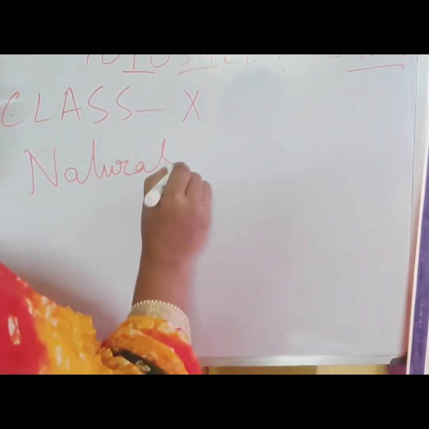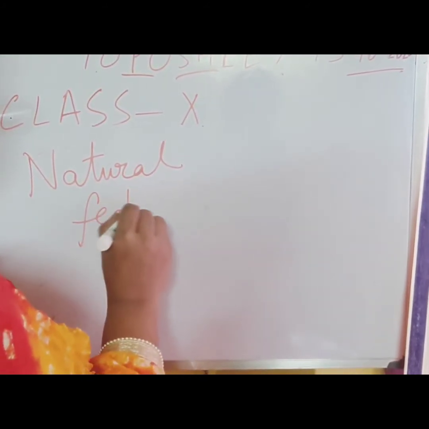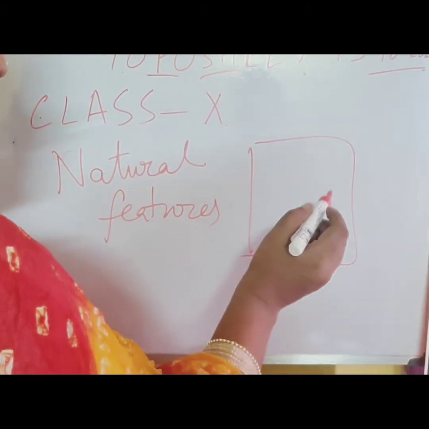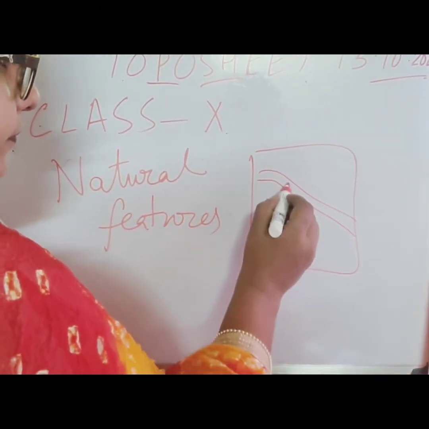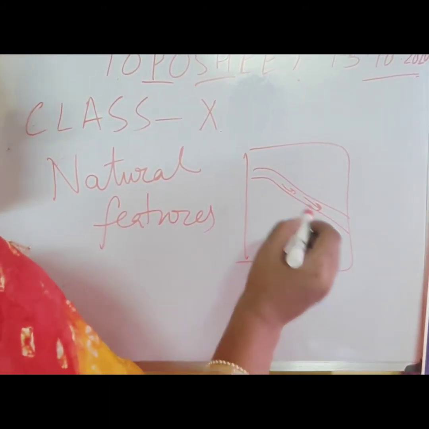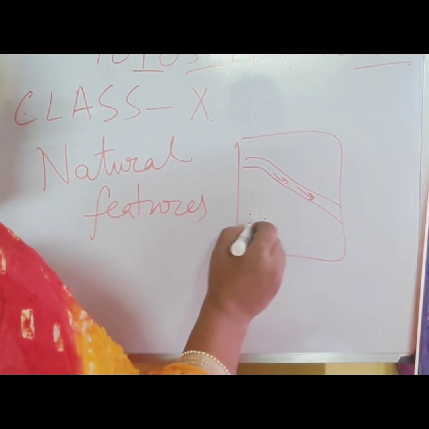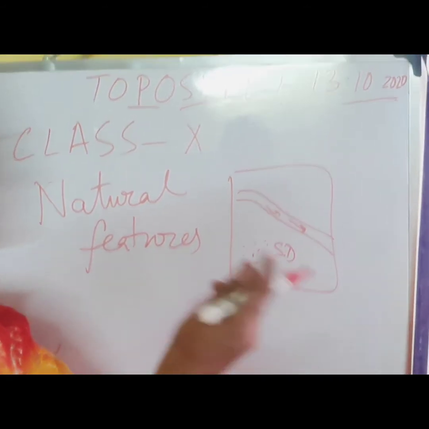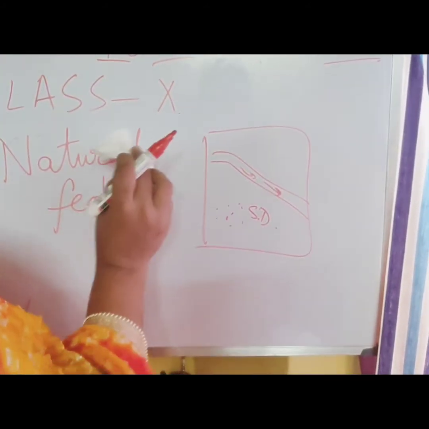Whenever we are talking about natural features, remember students, suppose in that grid there is a river flowing. So this is a natural feature. Okay, so that is a natural feature. There are the sand dunes. So those are also natural features.